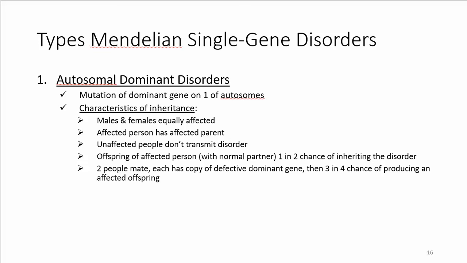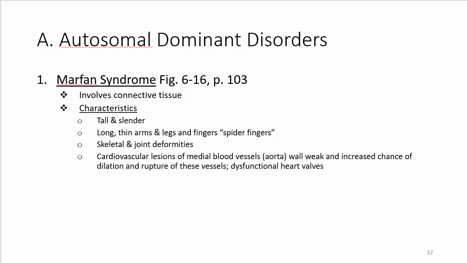If both parents are affected, so they're both heterozygous with the disorder, then 3 out of 4 of the offspring will be affected, and there's only a 25% chance that they will pass on the 2 recessive normal alleles and the child not being affected.